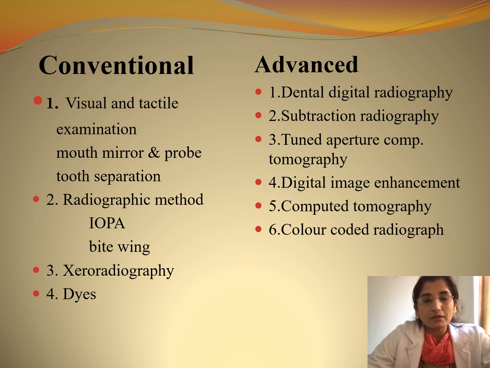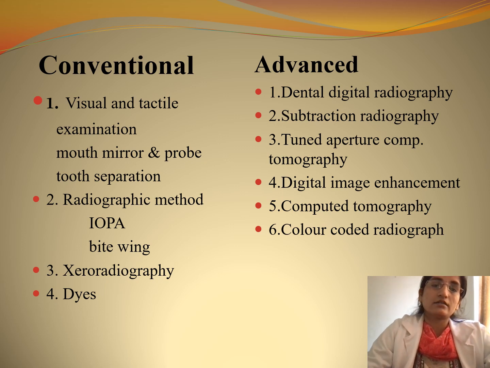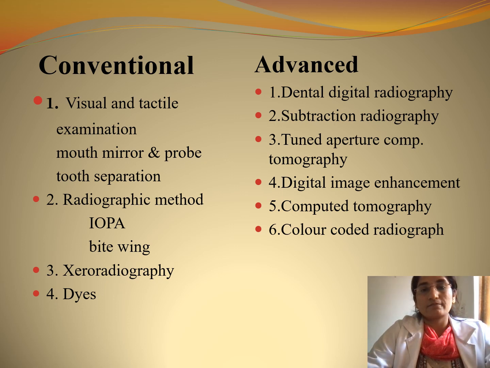Then the radiographic method with the help of IOPA, bite wing. Then comes xeroradiography, and lastly dyes. So these four aids are covered under the conventional diagnostic aids in caries.